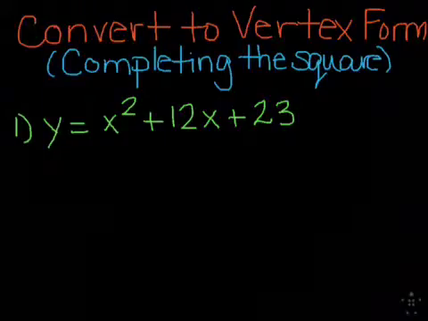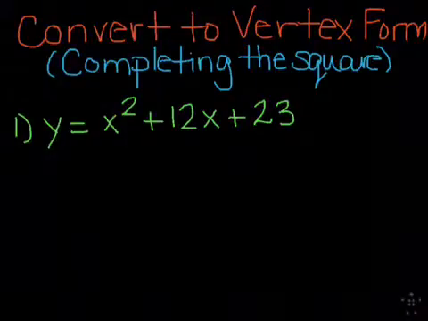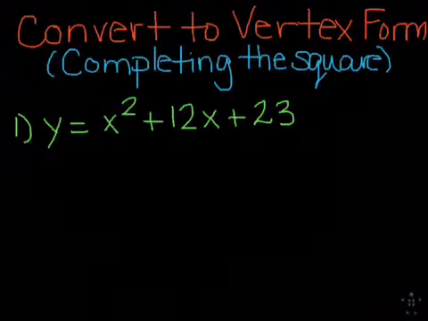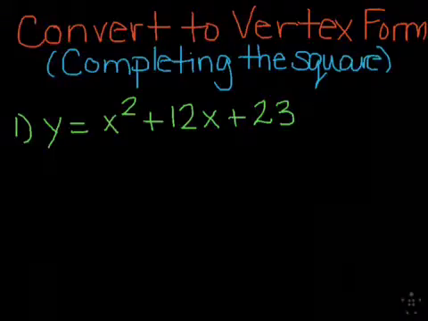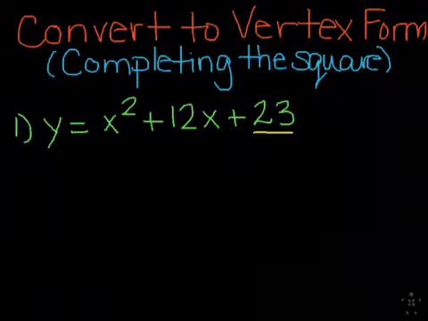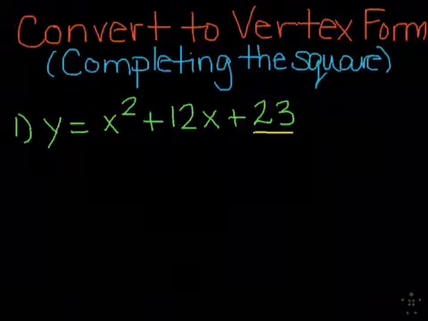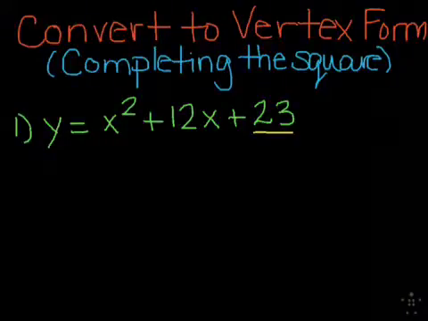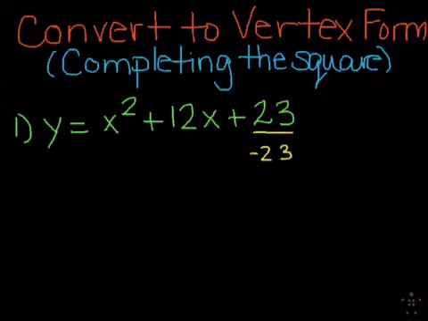So step one, we're going to take our constant term and move it to the other side of the equation. So we want to move it over to the y. Our constant term here is 23. So we follow operations for solving equations. I'm going to take that constant term and move it over to the y by subtracting 23 on both sides.